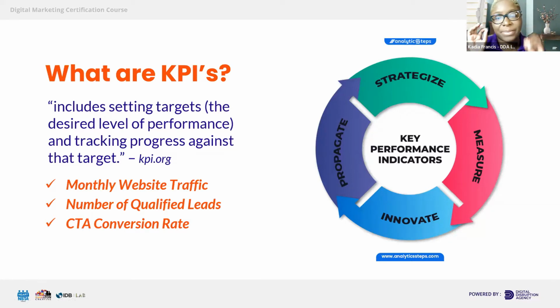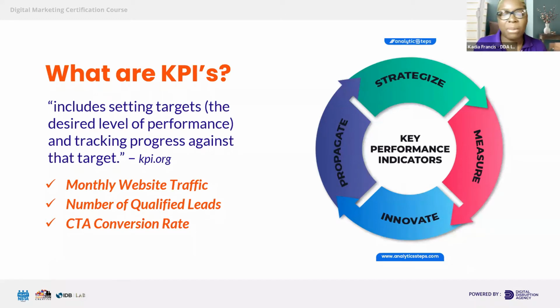Let me go a little bit deeper into what we mean by the desired level of performance. I don't make promises. When I used to do digital marketing, I never made promises to a client, like, "I'm going to get you 20,000 followers," because that's not something quantifiable or something you can guarantee to anybody, right?